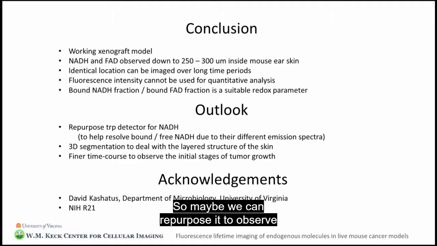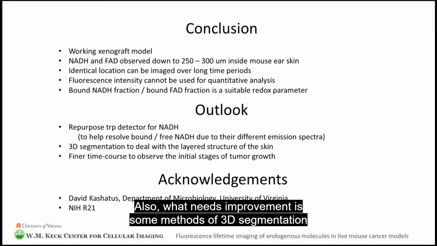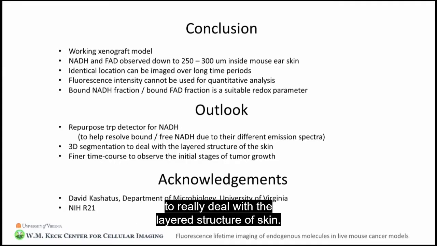So maybe we can repurpose it to observe some other spectral range of NADH, and maybe this would help us improve some of the multi-exponential fitting routines. Also, what needs improvement is some methods of 3D segmentation to really deal with the layered structure of skin. And what we plan is to do a finer time course to really observe the initial stages of growth of the tumor xenograft.